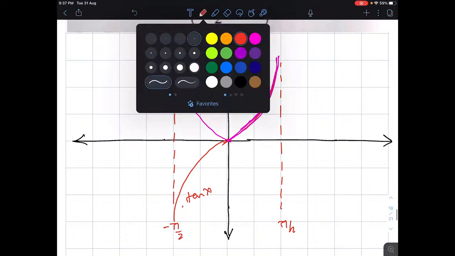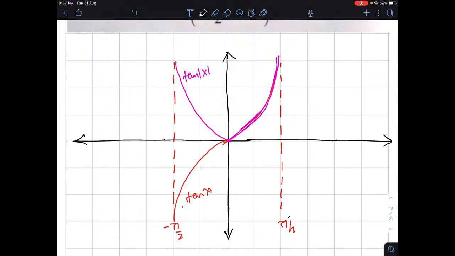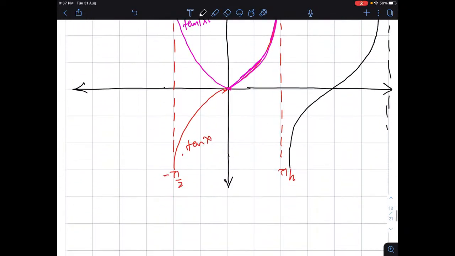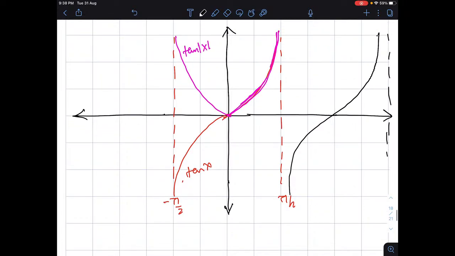Now proceeding further, we'll draw one more curve over here like this. This is the curve we drew. And after minus pi by 2, we're going to get more pi by 2, that is pi, that is 3 pi by 2. And similarly over here also we'll get a curve like this.